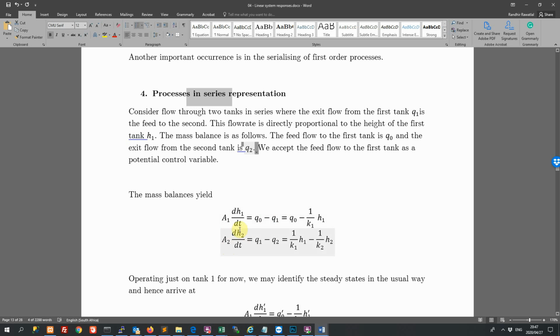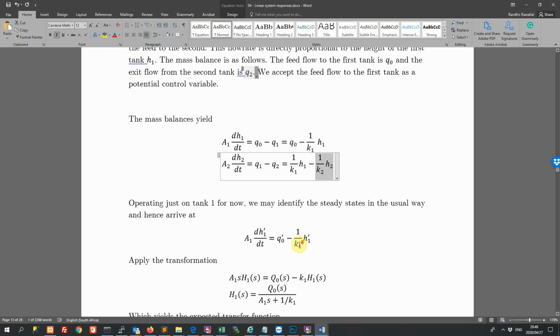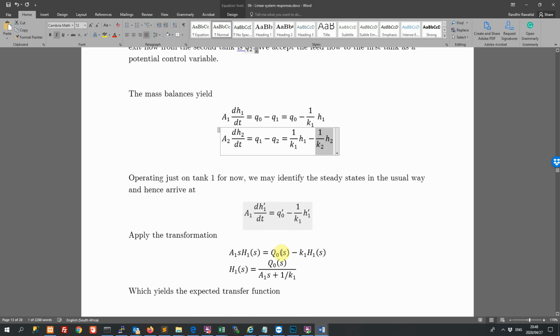And the rate of change of mass in the second tank is the flow leaving the first tank minus the flow leaving the second tank. And then let's say we had these constants k1 and k2, then we can relate them in this way.